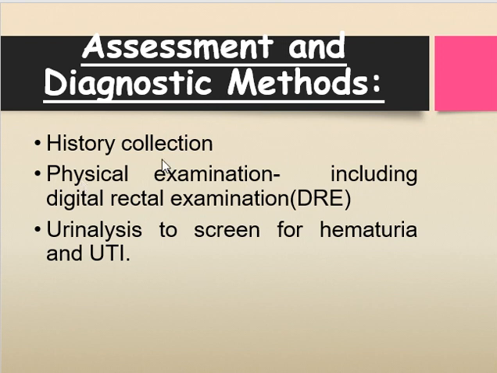From a nursing point of view, when the patient comes to you, you are supposed to collect the history of that patient first. So in history, what all things are you supposed to collect? Remember the causes and the risk factors. You have to ask whether the patient belongs to any of those risk factor criteria. We have seen aging.